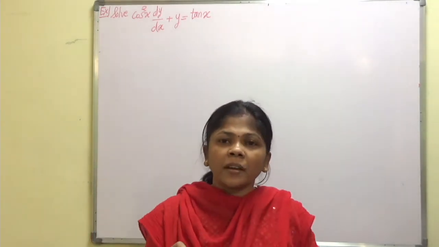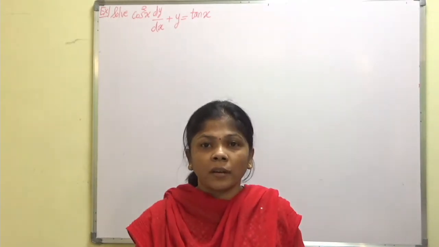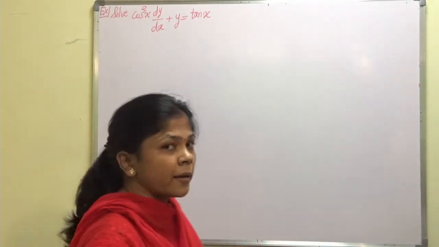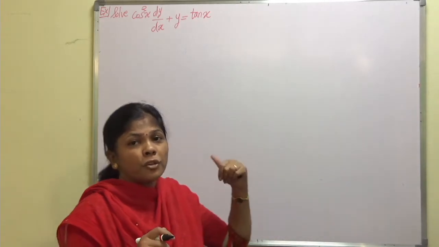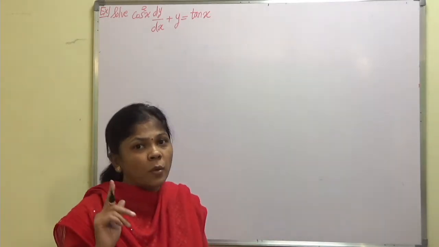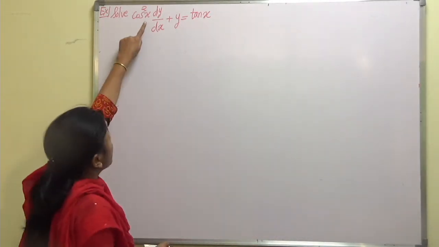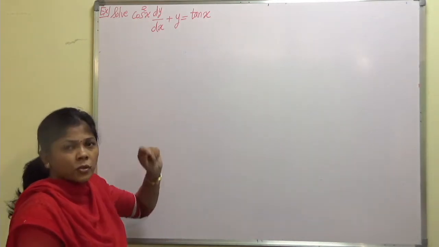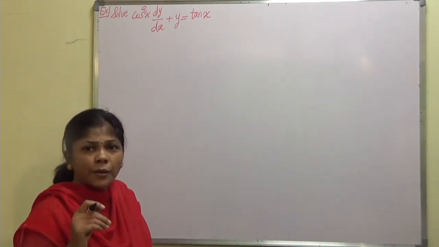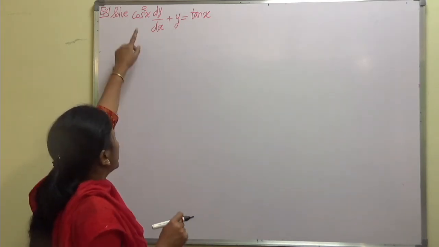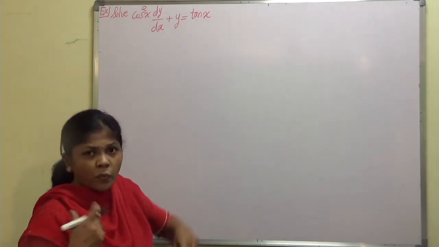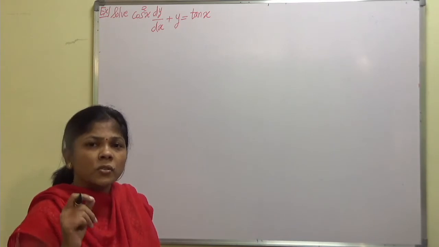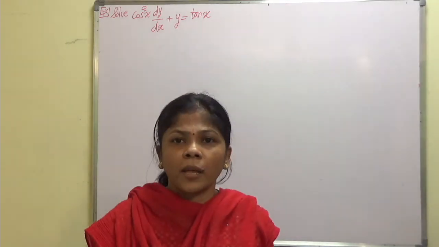Once we identify this, you will have to convert it into the standard form. What is the standard form? The coefficient of dy by dx must be 1. But what we find here is cos square x. So the very first thing you have to do is to eliminate this. How do we eliminate it? Just divide this particular equation by cos square x.